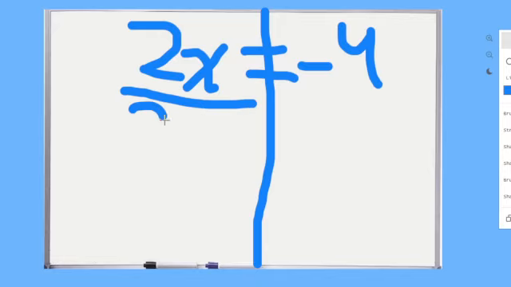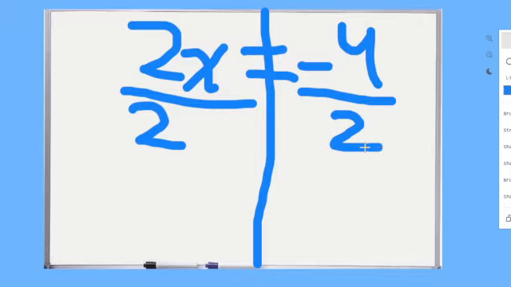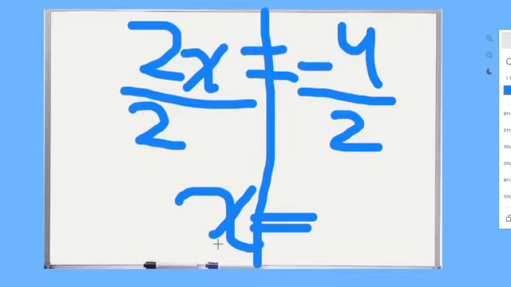We put the line down so it's divided by 2. We're trying to solve for x over here. So x is negative. A negative divided by a positive equals a negative.